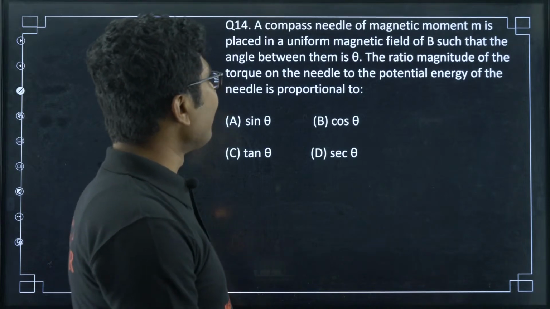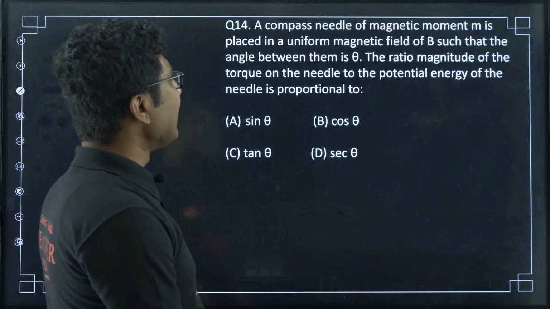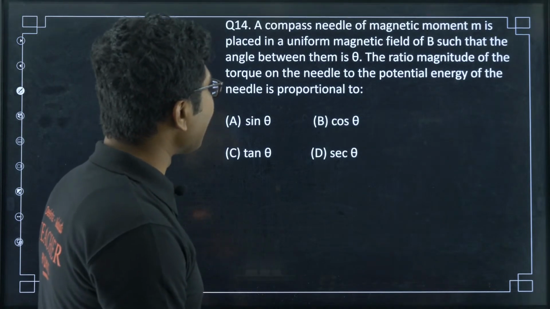A compass needle of magnetic moment m is placed in a uniform magnetic field B such that the angle between them is theta.